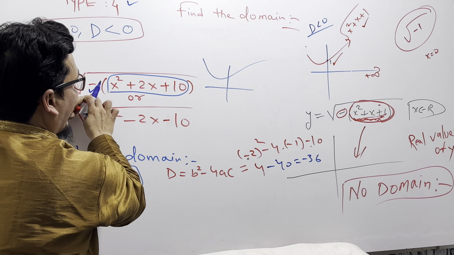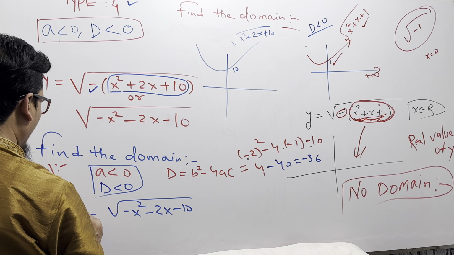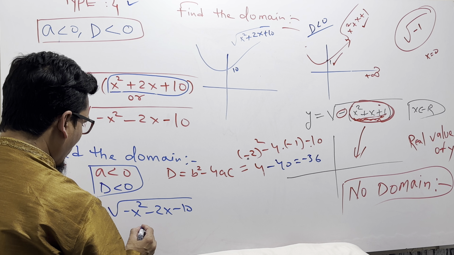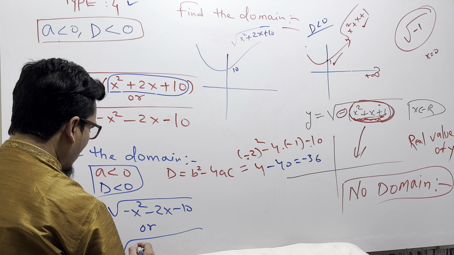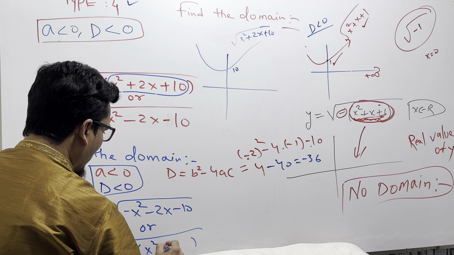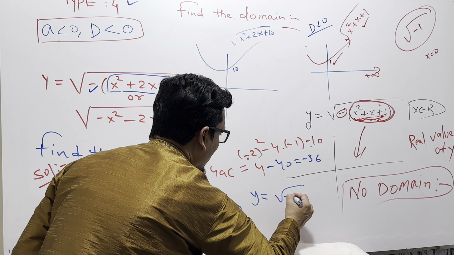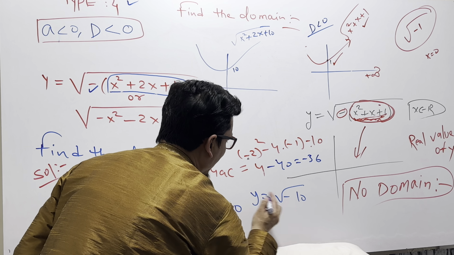But when you solve this question, minus x square minus 2x minus 10, this is your question, right? What is the domain? So here, you can say this can be written as minus of x square plus 2x plus 10. And when x is equal to 0, y is equal to what? This is 10. It becomes minus 10. Can you find the real value of y? No, impossible.